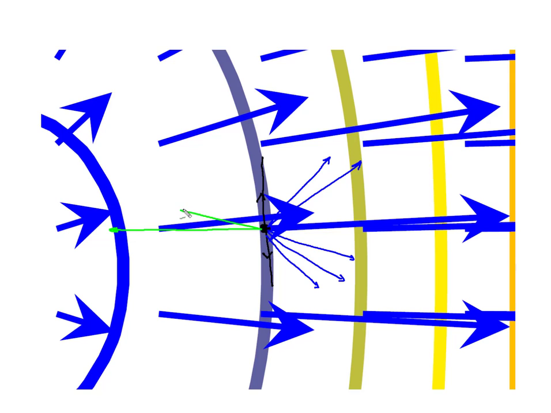But the directions that are shown now are all directions that correspond to descent, and this will be the case as long as theta is larger than pi over 2 and smaller than 3 pi over 2.